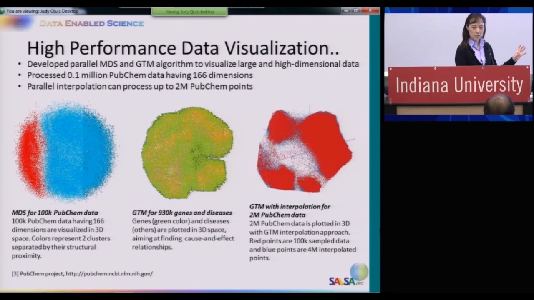The challenge of this kind of program is that both the time complexity and the size of the data are very challenging, and it's all O(n squared). If you have 100 data points, n squared is 10,000. It's not a big deal. But if the data size is 1 million data points, then ultimately your processing is 1 million squared. That is very time consuming, and sometimes it's not possible to finish.